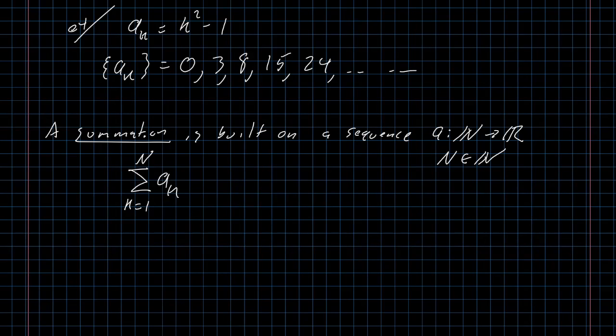We'll read this. First of all, the symbol there is the Greek letter capital sigma. It kind of looks like an E, or maybe an M turned on its side. If you want to put serifs in it, you can.